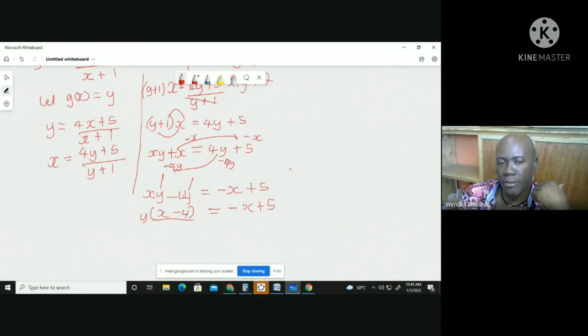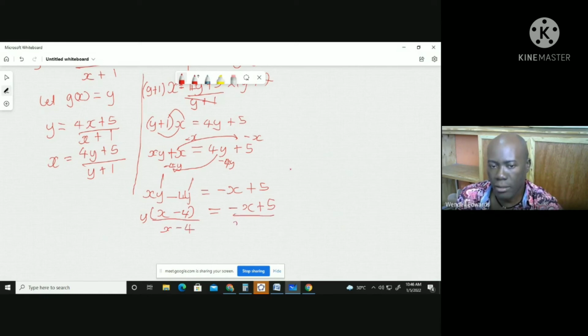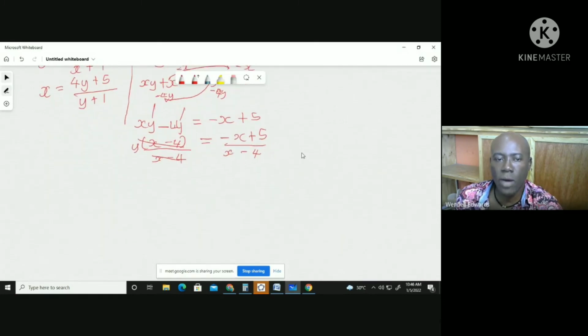At this stage, I'm going to divide by x minus 4. You could see that the x minus 4 would cancel on that side. So what we do have here is y is equal to negative x plus 5 over x minus 4.